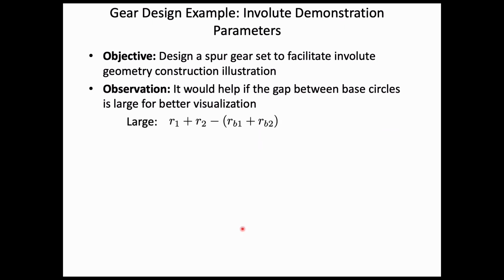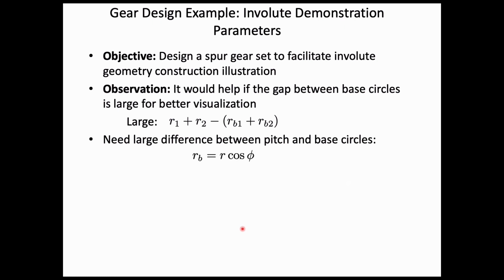So we want this quantity to be large, and if we want that to be large, we need the difference between the pitch and base circles to be large. So now if we go back and think about the relationships between these quantities, the base circle radius is equal to the pitch radius times the cosine of the pressure angle.